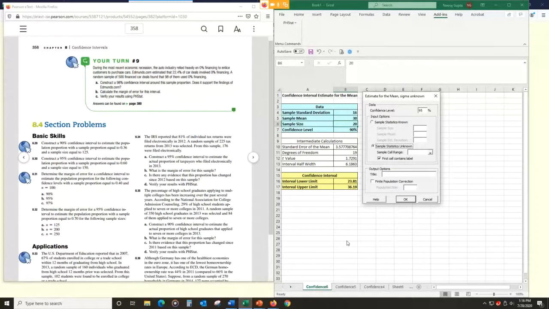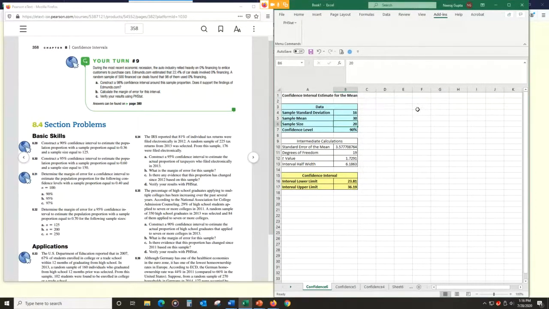I haven't yet done any for the population proportion, so let me do that because I need to cover chapter 9 as well, a few examples from the book. Okay, so this is for the population proportion.